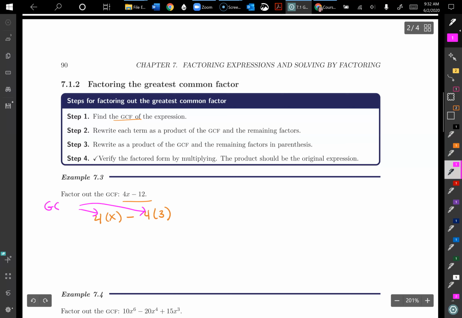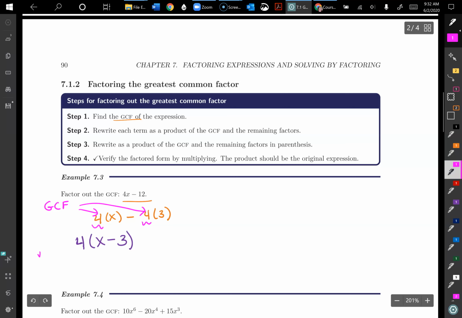So what I do with the GCF, and I'm showing you this split apart way for a very specific reason, because when we do factor by grouping, it'll make sense. So I take that and I pull it out front, so to speak. I'm going to use a darker color here. And then what's left here, you can see, I would have to put x minus 3 there in order to get back to where I started.